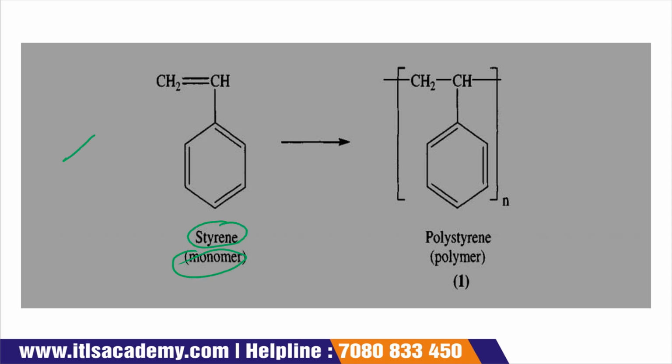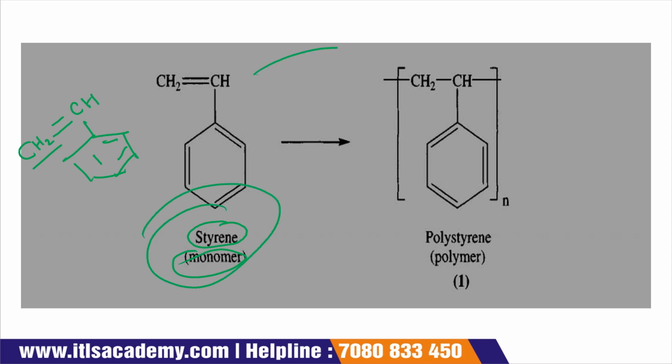Here you see the ring, and here carbon and hydrogen are present, and this carbon has a double bond with CH2. Now when styrene joins together, it forms polystyrene, which is a polymer. Several styrene molecules are combined together, and this combination occurs through covalent bonds.